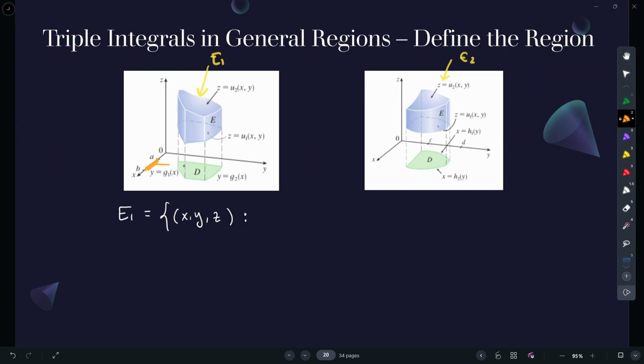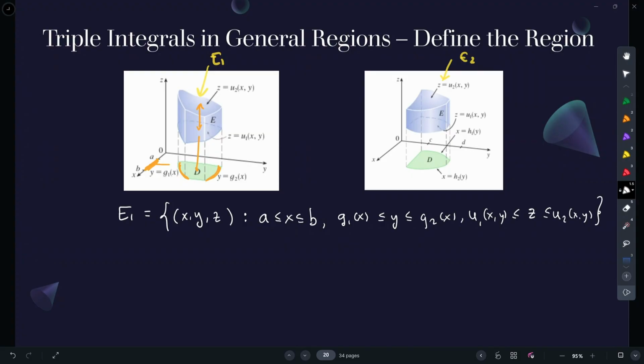For a given x, the y coordinate is between two functions of x, and for a given x and y, the z coordinate is between two functions of x and y. So it's between some u1 and some u2.